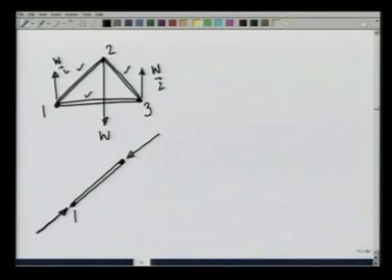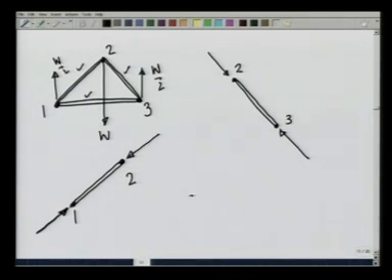Similarly, on rod 2 3, there are two forces acting due to pin at 2 and pin at 3. Again, the forces have to be collinear. So, the forces have to act in this manner, 2 and 3.